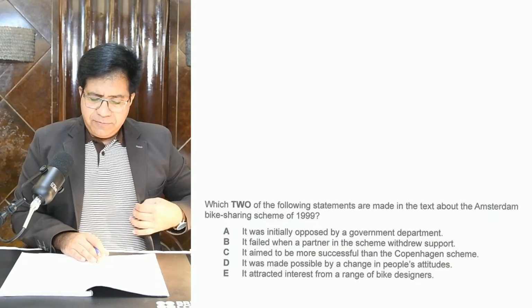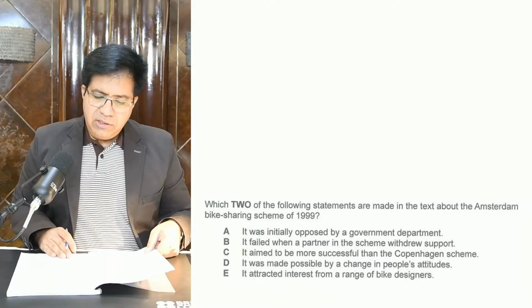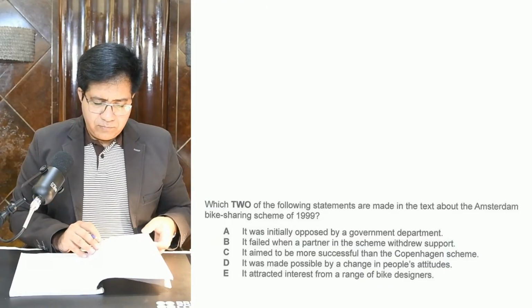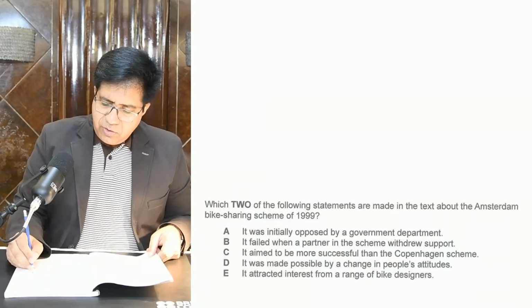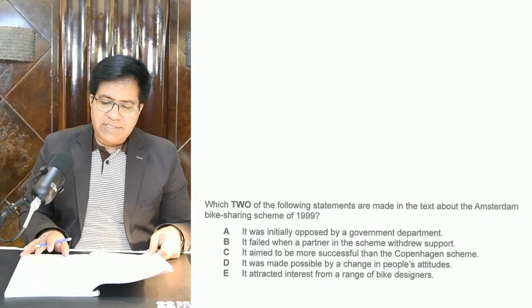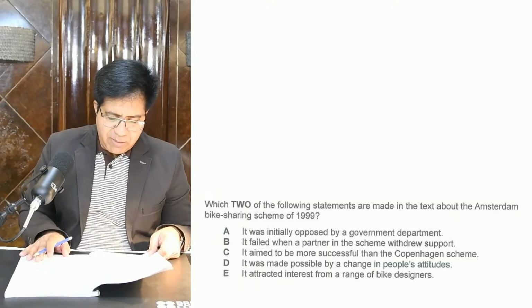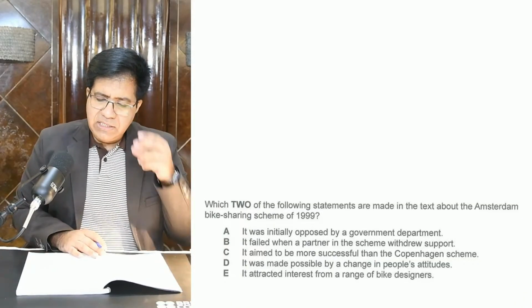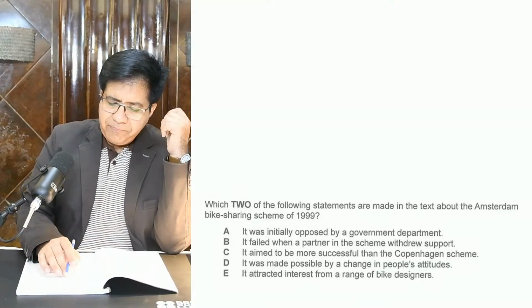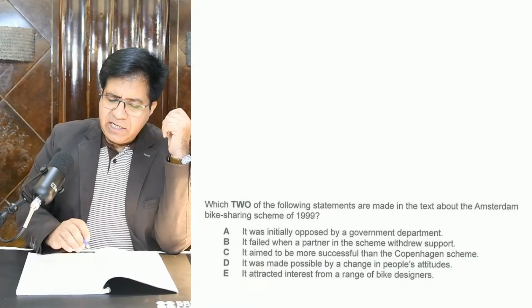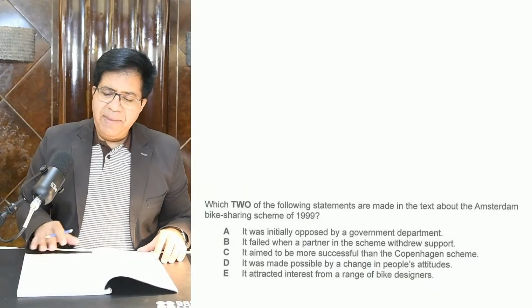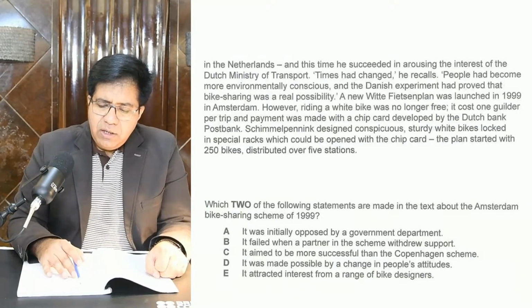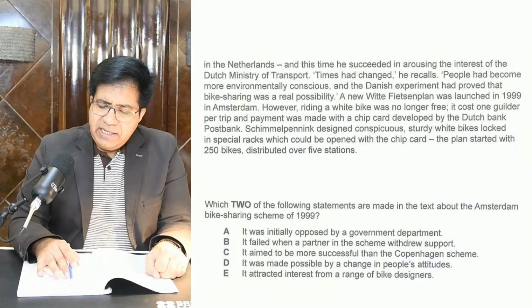Okay, paragraph D for doctor. Okay, that's right. So please come, and we see 2 points about the bike sharing scheme of Amsterdam. And we've got this, yeah. Second page, please come to that. Paragraph D, second page. I'm reading it from the second line.